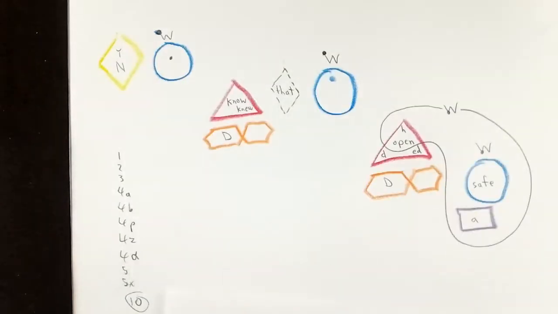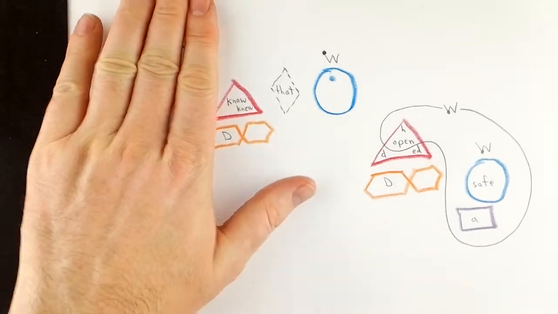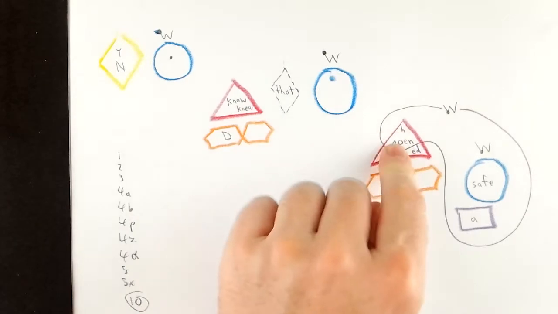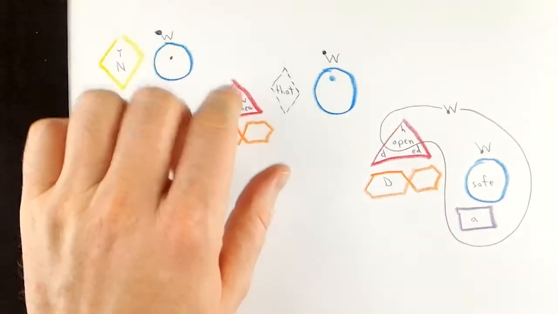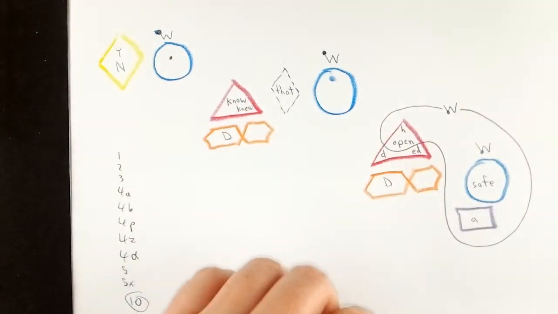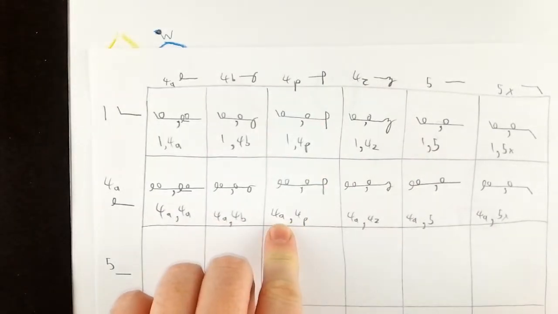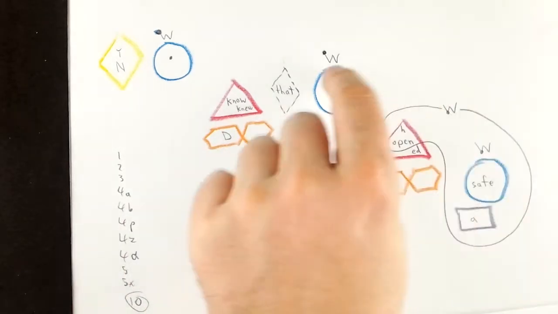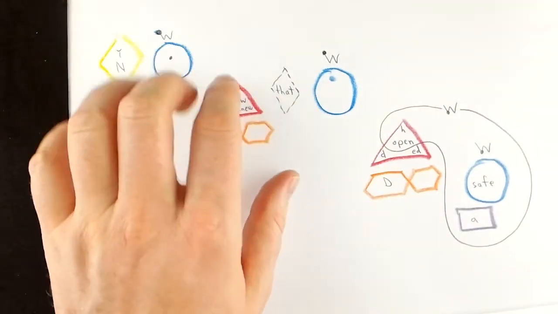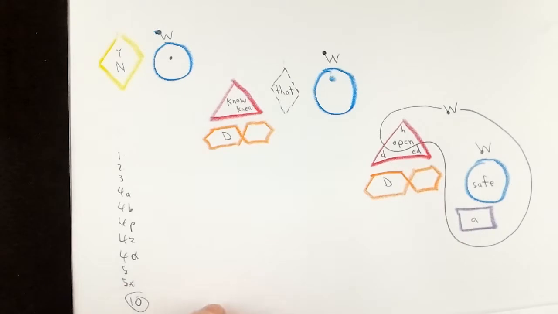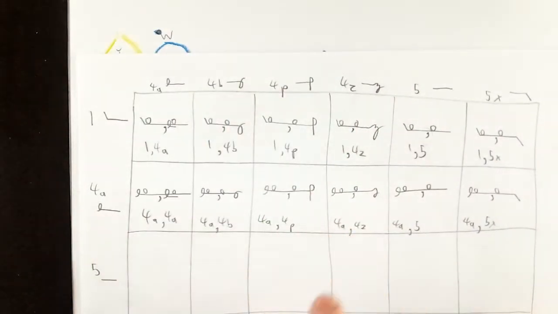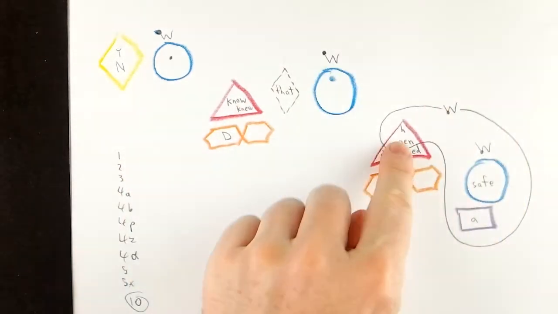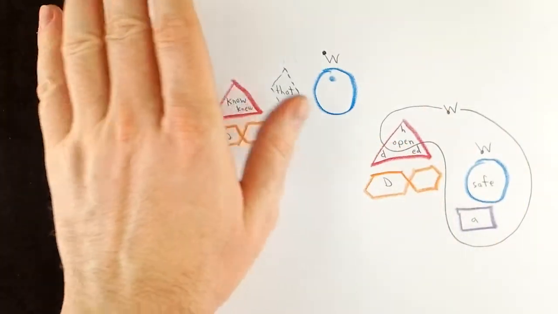4A, 4B. Who knew what he opened? 4A, 4P. Who knew what he did? 4A, 4Z.